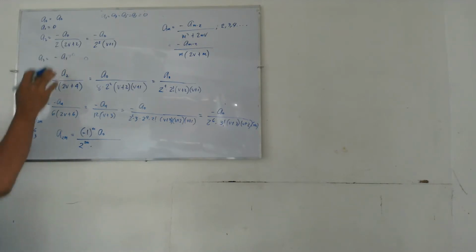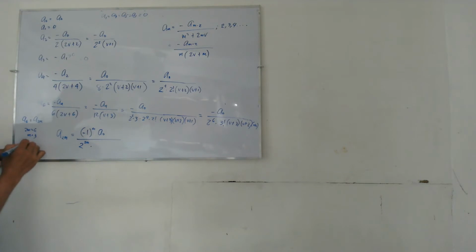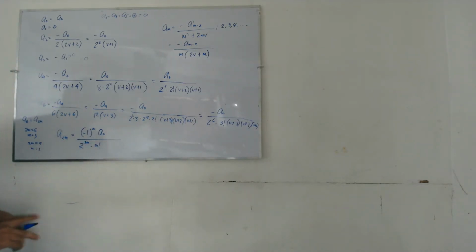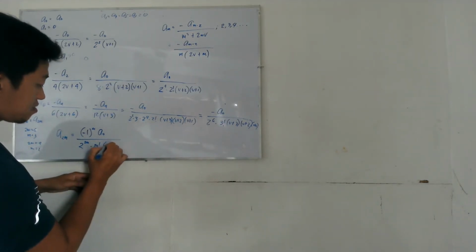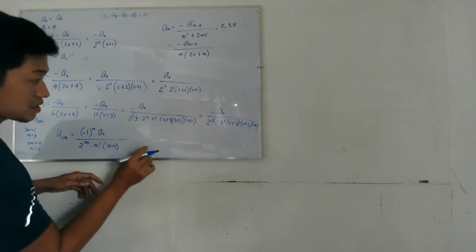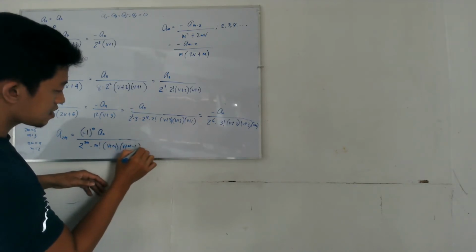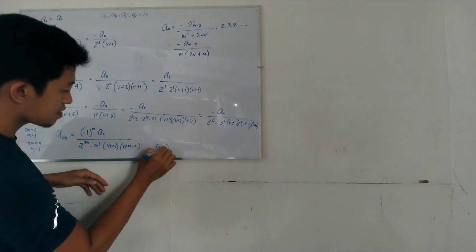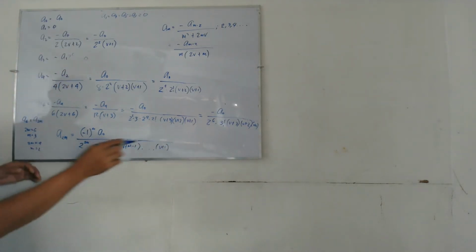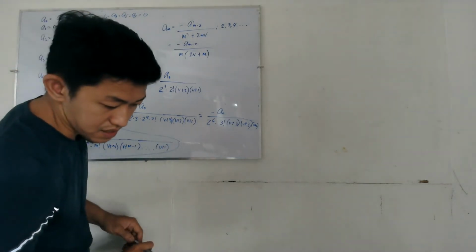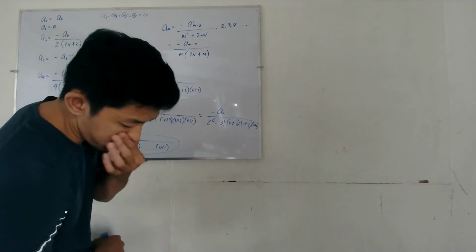Same with A4: 2m equals 4, m equals 2. So, we see that this is just m factorial. And then, b plus m, then decreasing, so b plus m minus 1, until you reach b plus 1. So, this is the value of your coefficient. Okay? The general value of your coefficient.